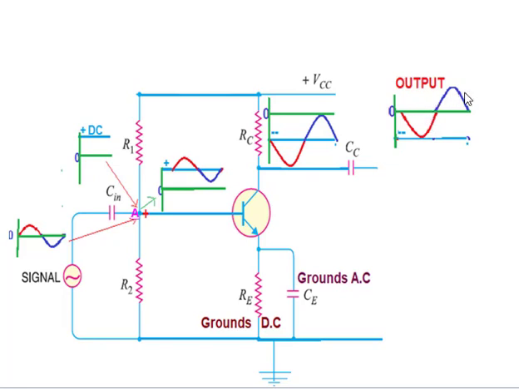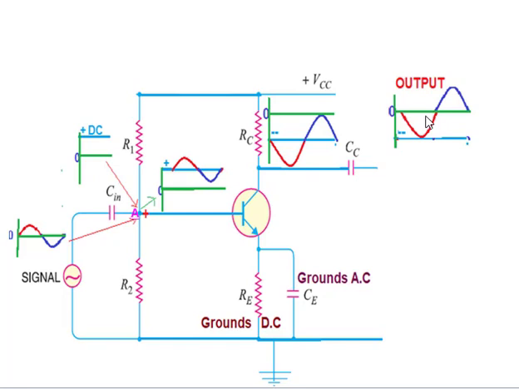So the output appears like this with 180-degree phase shift. Here the negative voltage, that is the DC part, is eliminated. So we get the 180-degree phase shifted amplified signal at its output.